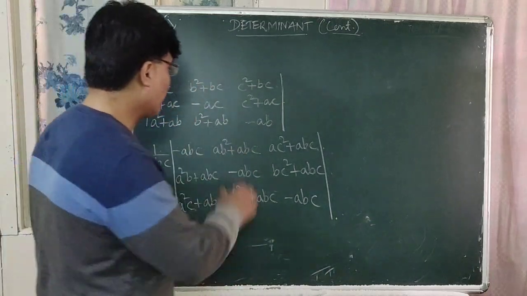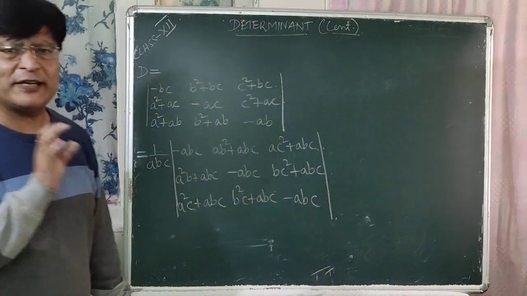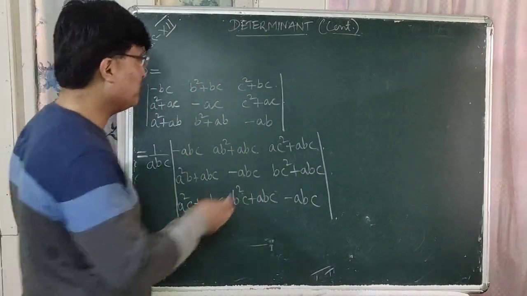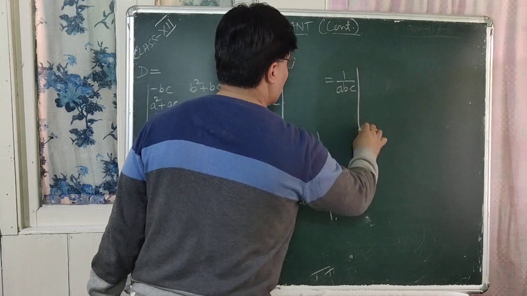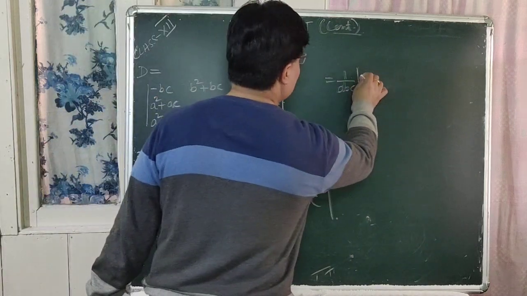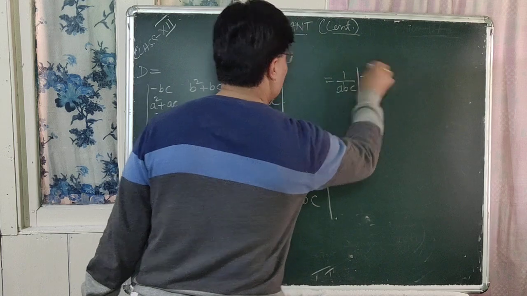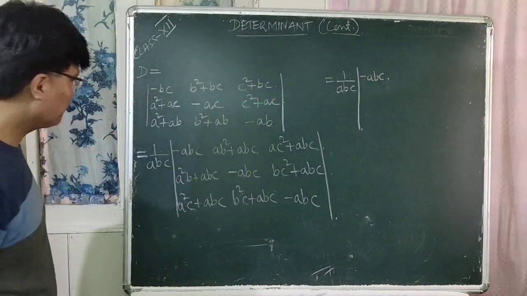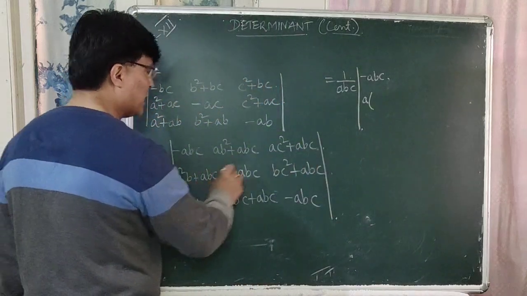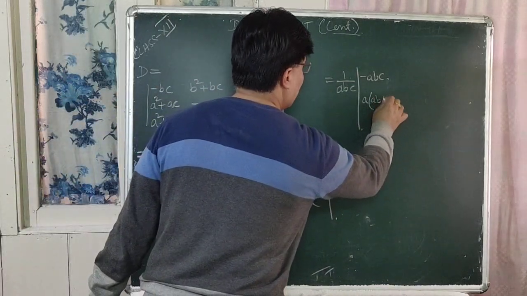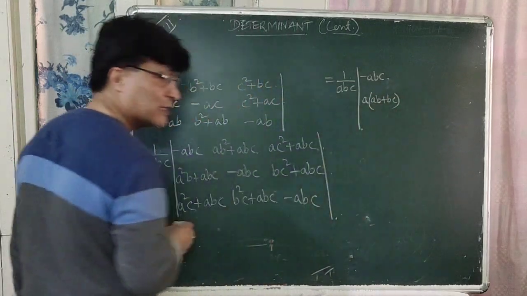So from each and every element you take common. So it is equal to 1 upon ABC. Now in the first column, minus ABC, keep it the same. Here A is common. If A is taken common within bracket, what do we get? AB plus BC. Is that clear?